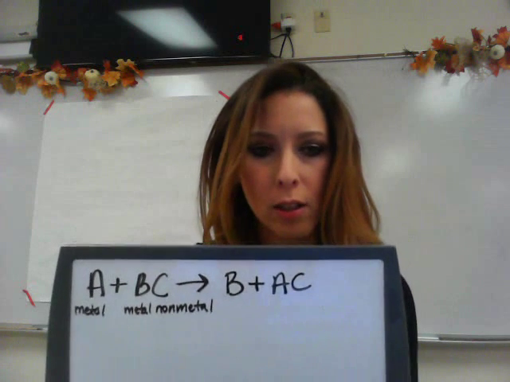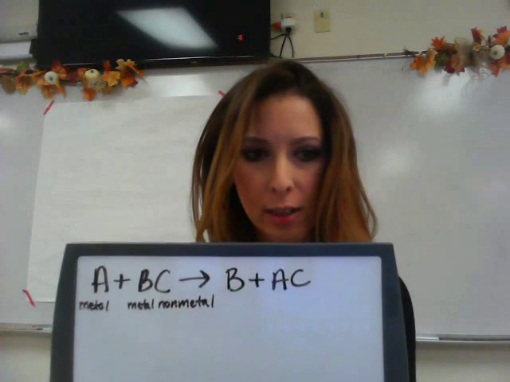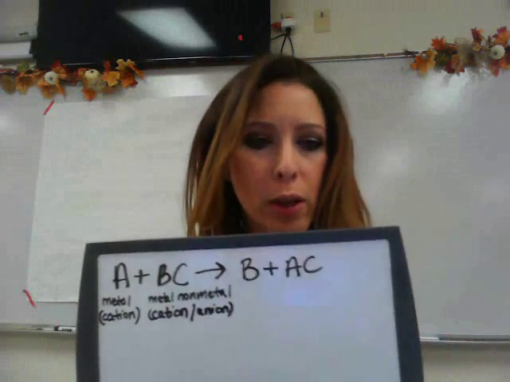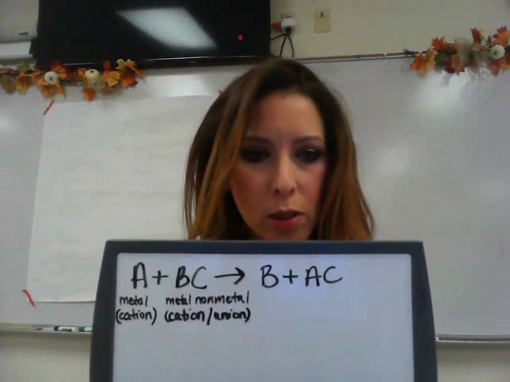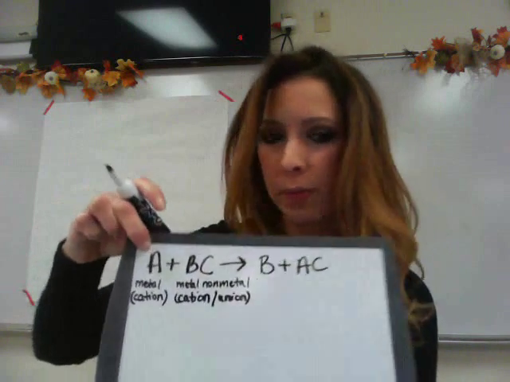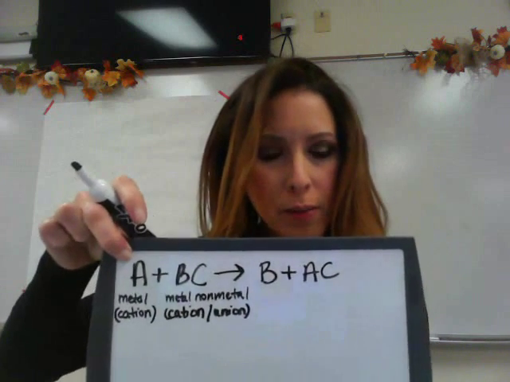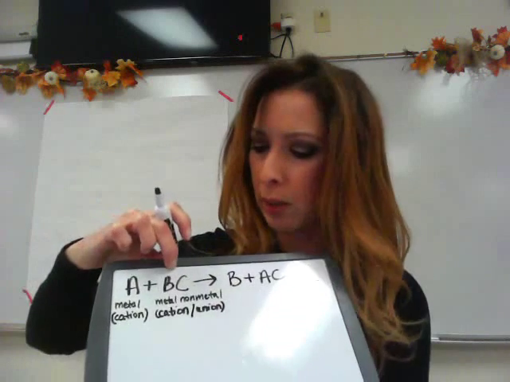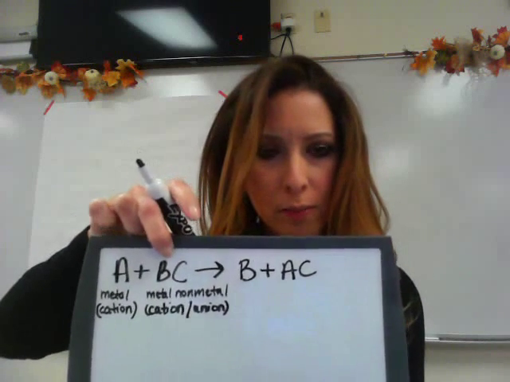Okay? So keep in mind that metals tend to form positive charges. That means it can be a cation. So this is another way of looking at it. When you have a metal by itself, it can change places with the other metal in the compound.